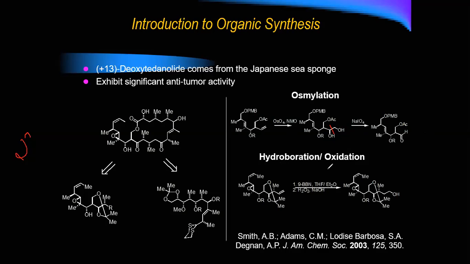And then there's also another step in here where you do a hydroboration oxidation. Y'all remember that reaction? That was the first reaction we talked about this semester, when we were doing pre-existing stereo centers. So you take 9-BBN, which is a hydroboration reagent, and then you do hydrogen peroxide and sodium hydroxide. You can take this alkene and turn it into this alcohol. What's the difference in using hydroboration versus using oxymercuration?